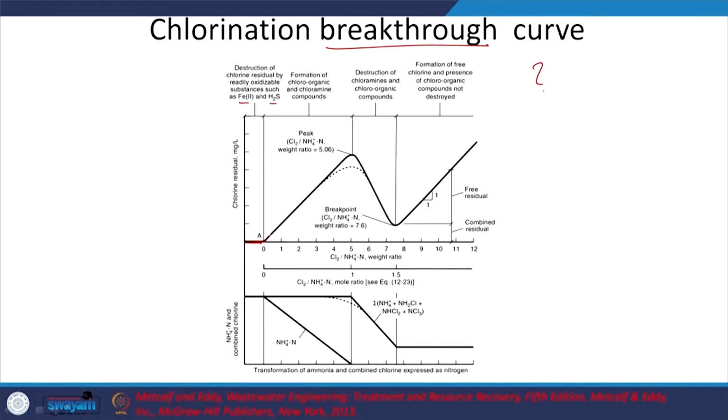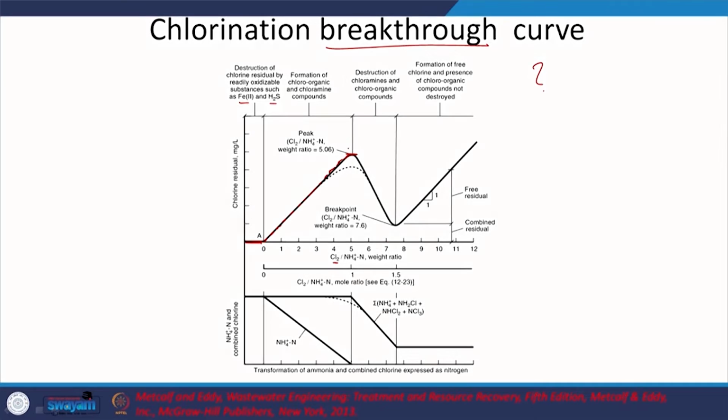And after that, we are going to have formation of these chloramines, right. Depending on the concentration of chlorine, you are going to have different ratios. But after a certain peak, or after a certain concentration of chlorine has been added, what is going to happen? You are going to have destruction of these chloramines. The final compound that is formed is going to be unstable.